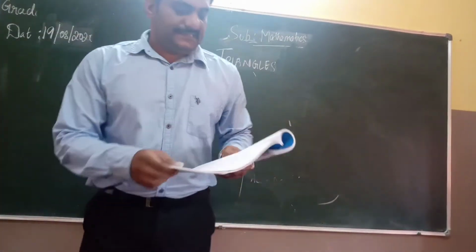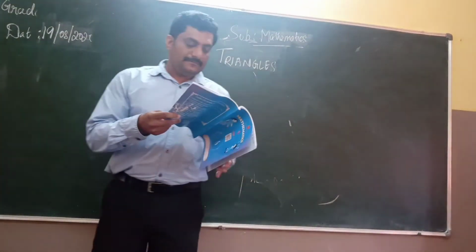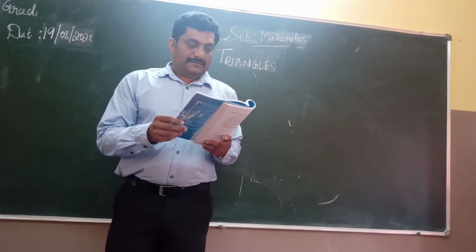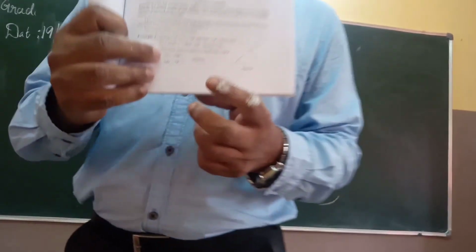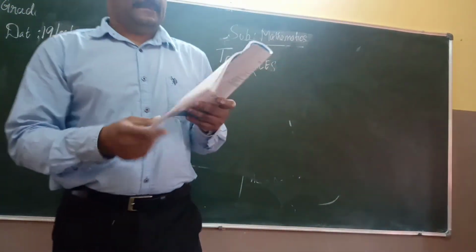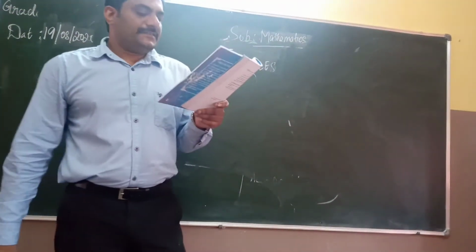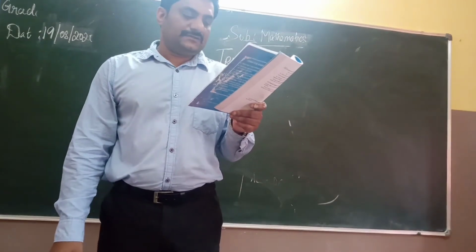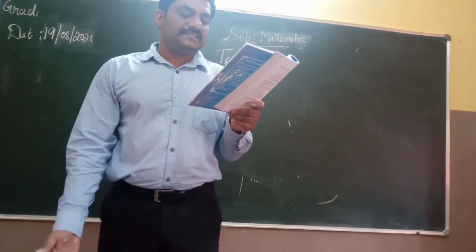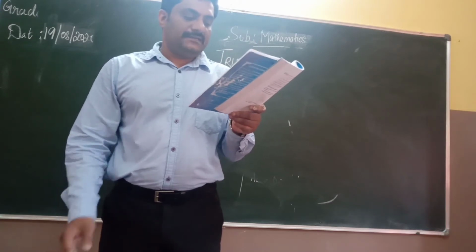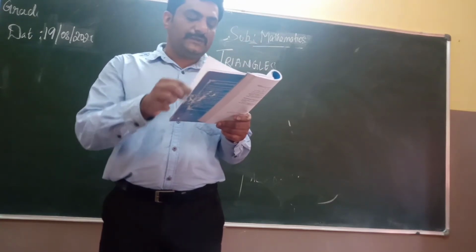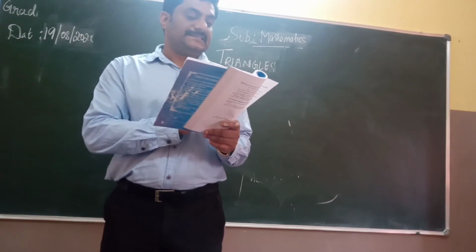The first one is example 1, page number 86. If you see this, in the figure, OA is equal to OB, OD is equal to OC. Show that triangle AOD is congruent to triangle BOC.